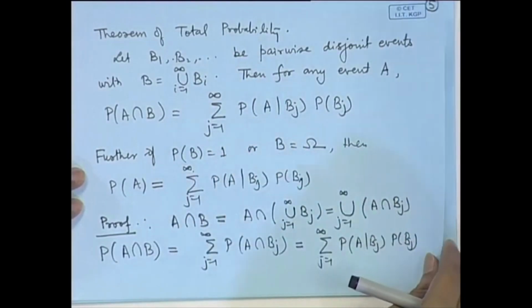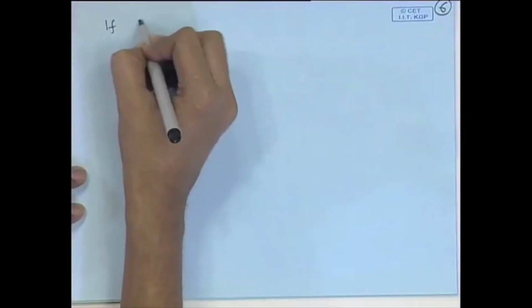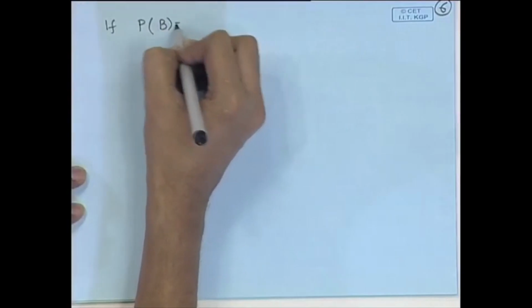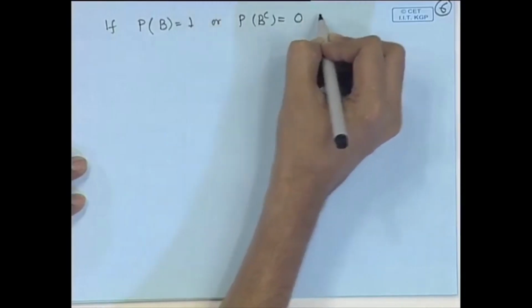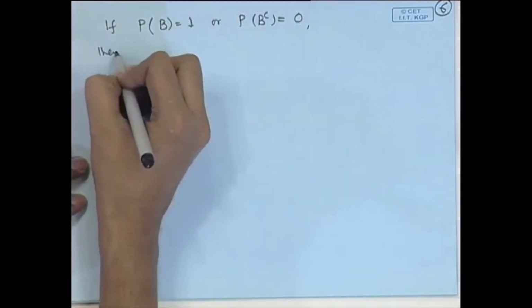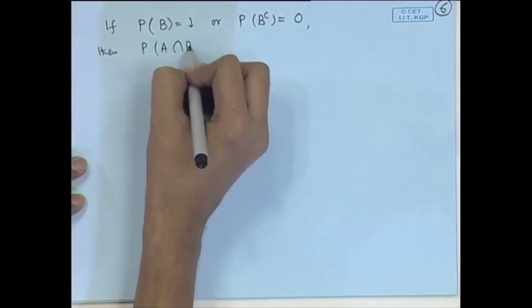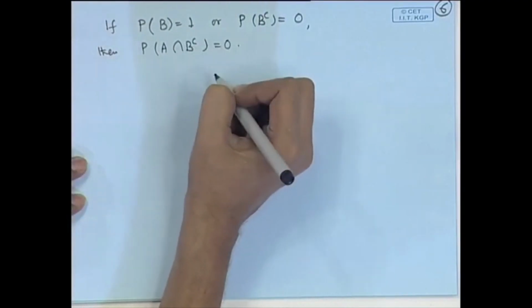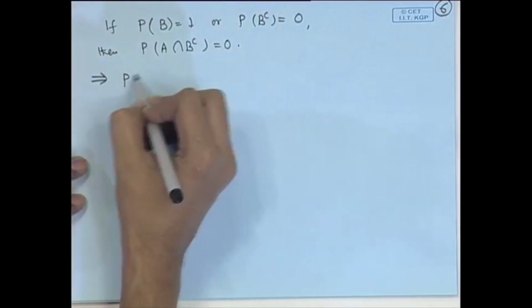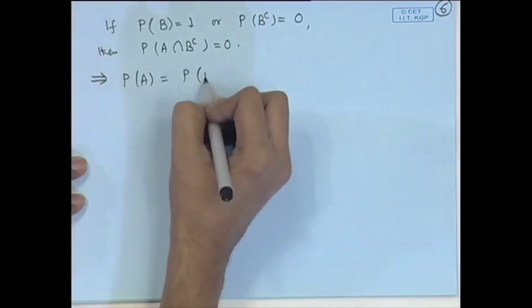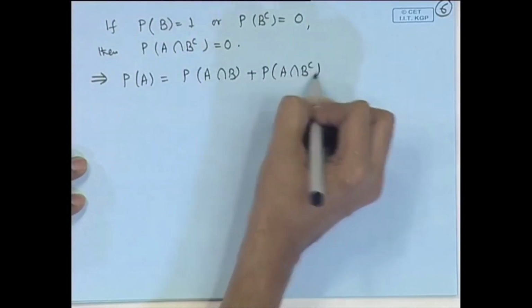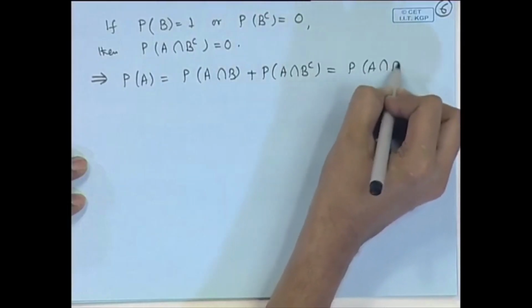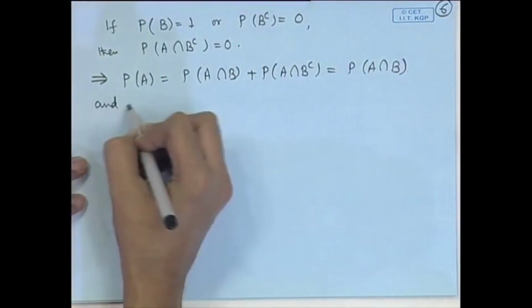If probability of B is equal to 1, or probability of B complement is equal to 0, then probability of A intersection B complement is 0, and therefore, probability of A can be written as probability of A intersection B plus probability of A intersection B complement, which is probability of A intersection B, and so the statement follows.